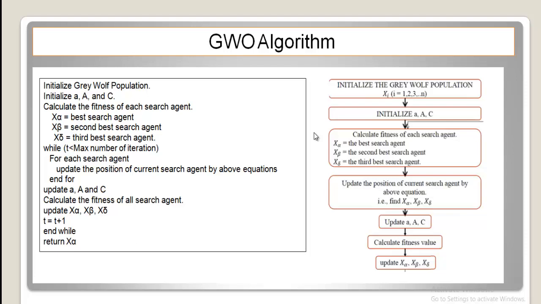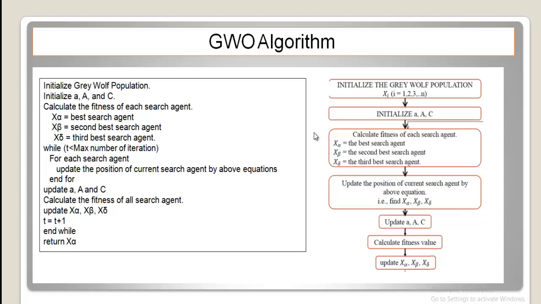Next step in the algorithm, we initialize the parameters a, capital A, and C. These parameters will help in mimicking the hunting behavior of the wolf and are important in the algorithm's exploration and exploitation phases. We then calculate the fitness of each search agent. This is where we determine how close each solution or wolf is to the optimal solution.